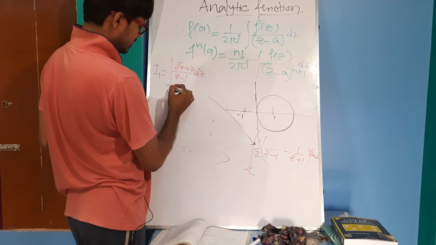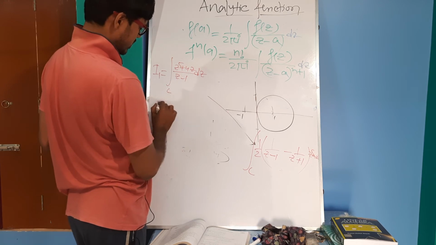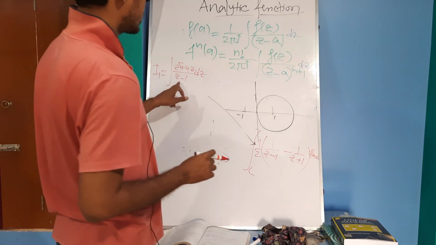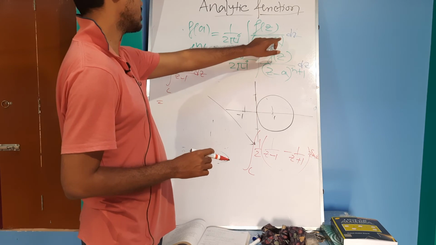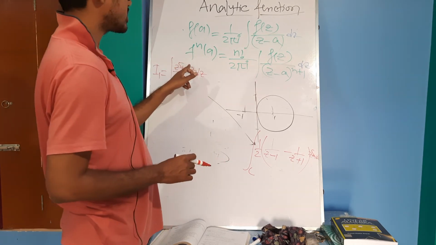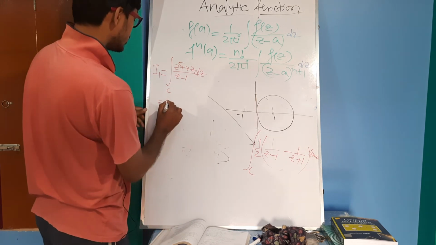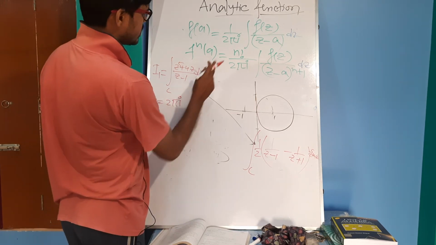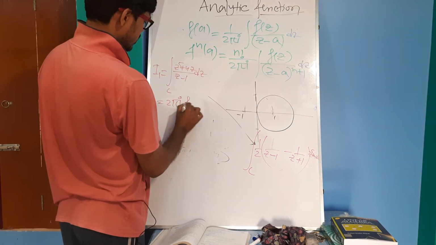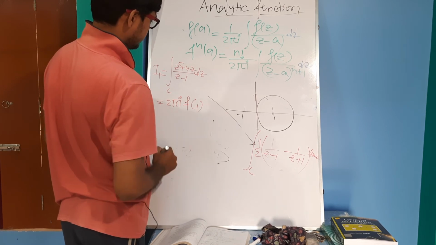For this part you can apply the Cauchy integral formula. This is f of z over z minus a, so it will be equal to 2 pi i into f of a, so f of 1.